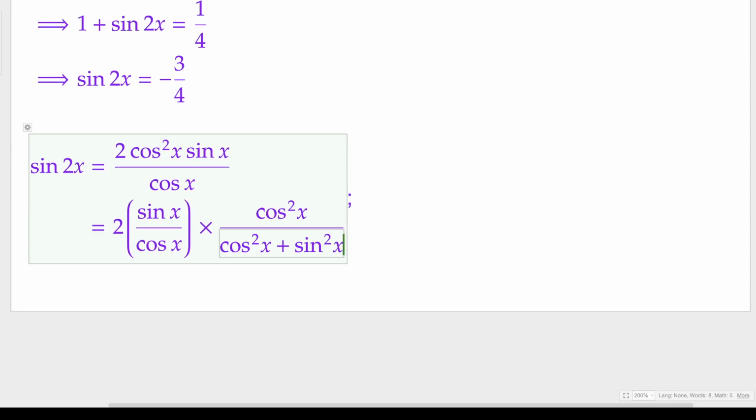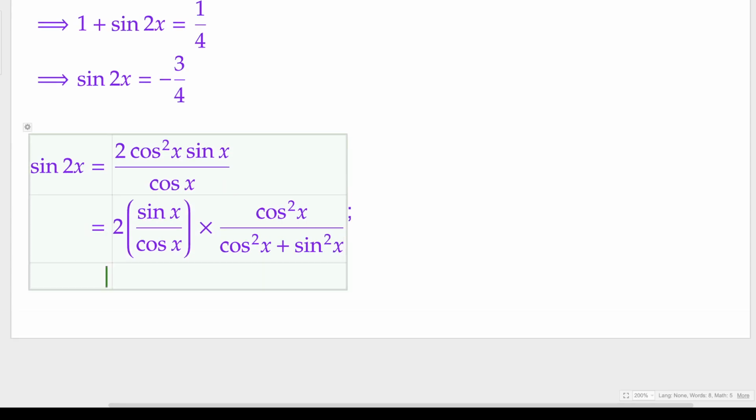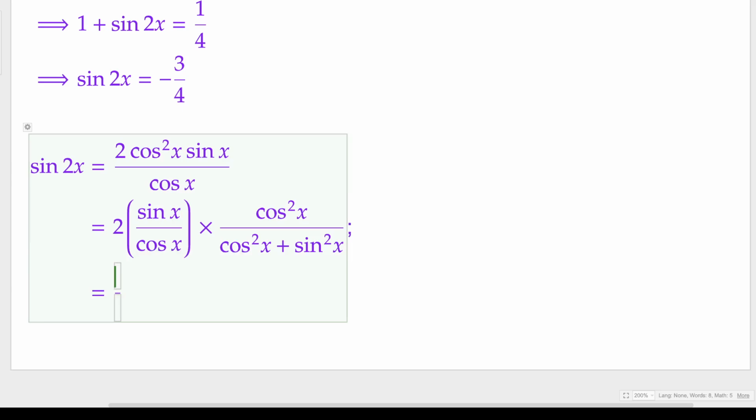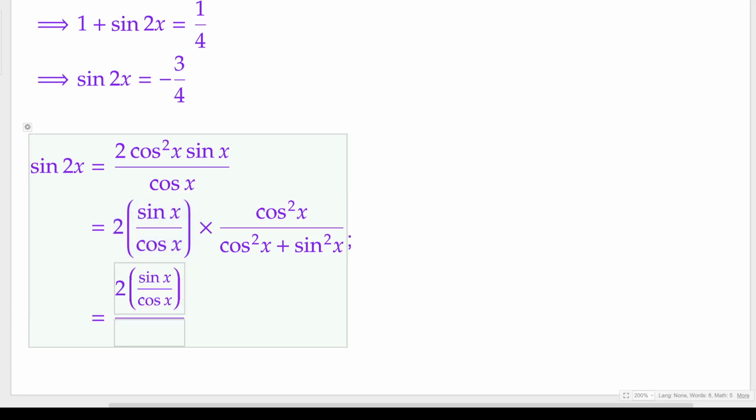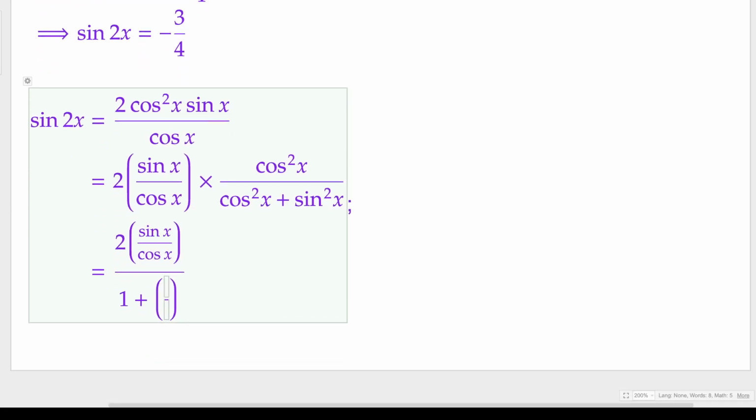Now from this we can write, in the numerator, 2 times sin x over cos x, and in the denominator this can be written as 1 plus (sin x over cos x) squared.